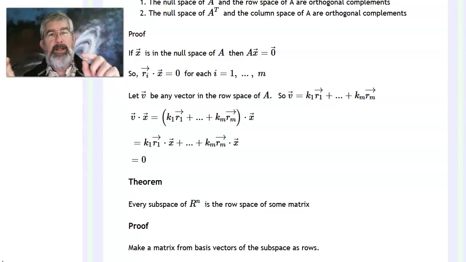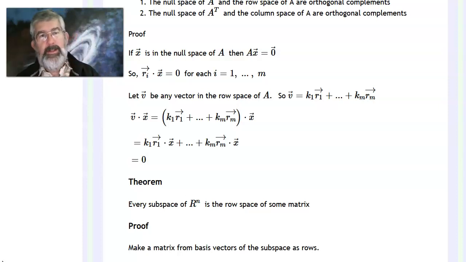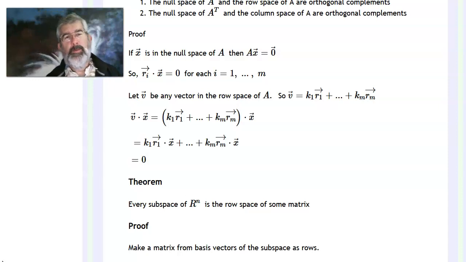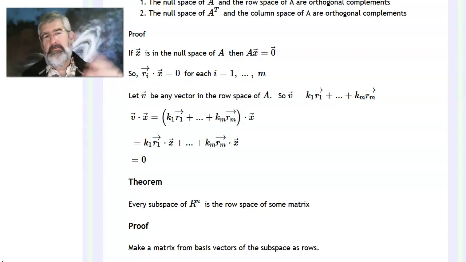It's by n because each of those basis elements is an element of Rn as well, because the subspace is in Rn, so it has n entries in that list of numbers.